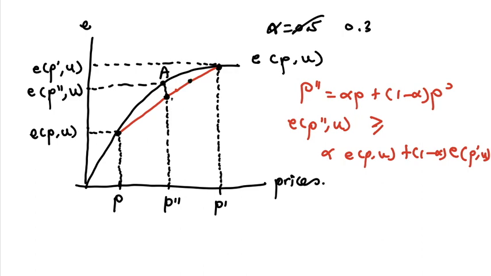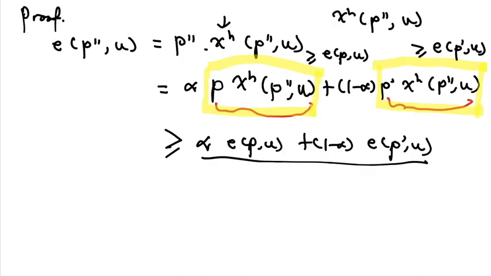Okay, so let's call this point B, let's call this point C. So points B and C are still below A. That means expenditure here is more or equal to B and C. So that is the concavity proven. Okay, so here I can put a small square. What's so important about the result of concavity of the expenditure function here?